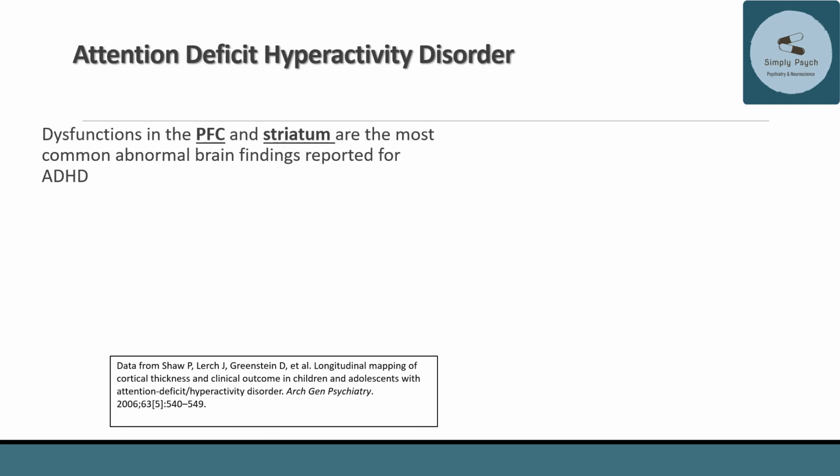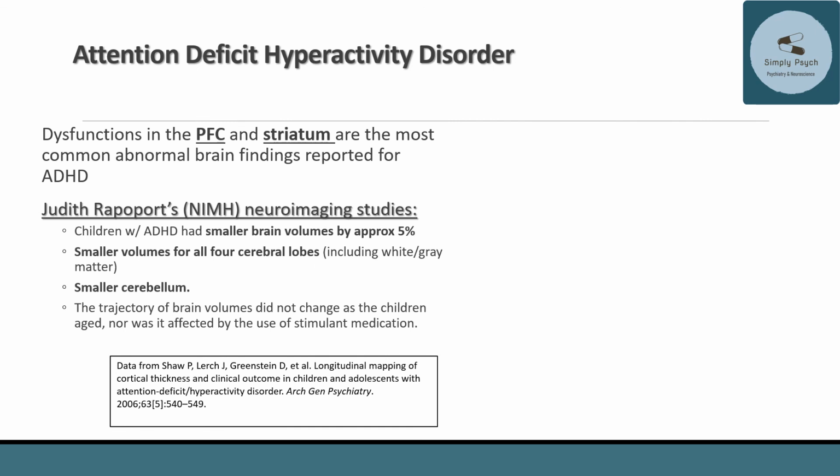So when it comes to ADHD neurobiology and neuroscience, dysfunctions in the prefrontal cortex and striatum are the most common abnormal brain findings that have been reported for patients who have ADHD. Judith Rapoport did a number of neuroimaging studies, and I'm going to summarize what these studies showed.